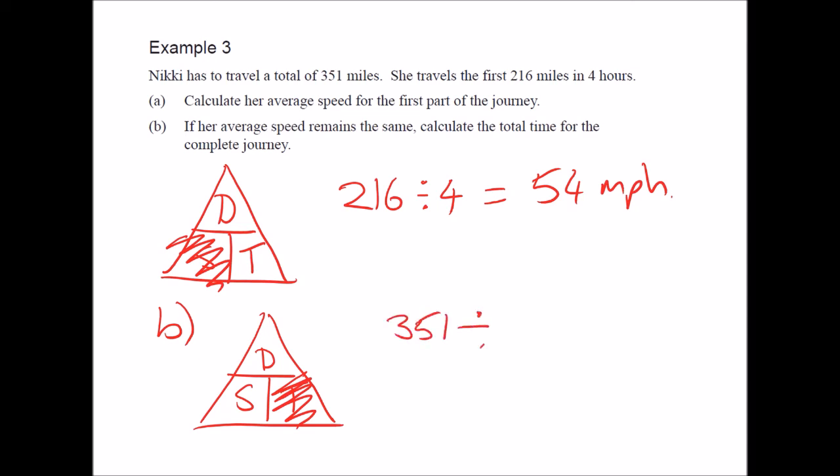And the speed, we were told that it remains the same. So if it was 54 in the previous part of the journey, it's going to still be 54 for the whole thing. So we'll do 351 divided by 54, and that is going to work out what we're looking for, which is the time. So if I do that on the calculator, that is 6.5 hours.